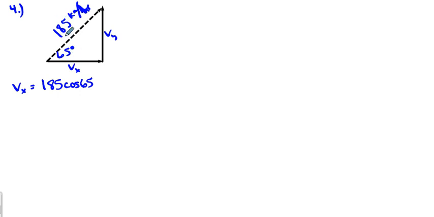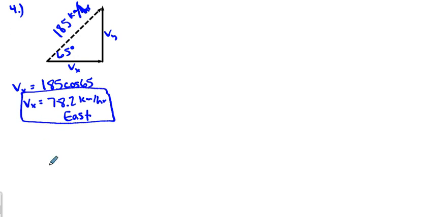Multiply by 185 because that's the hypotenuse. 185 cosine 65 gets you 78.2. And I'm going to label the direction as east. Not the answer, but part of the answer.